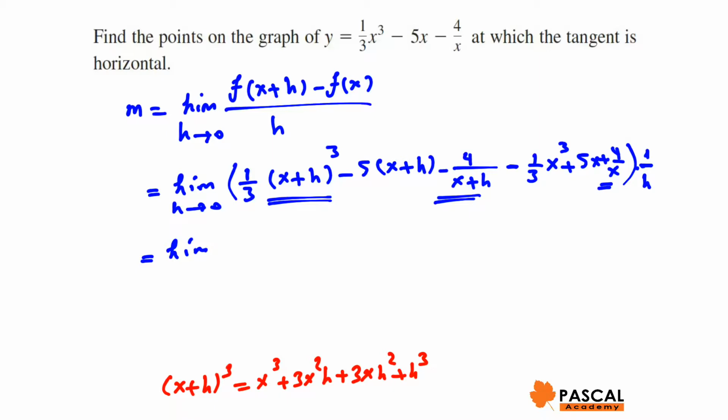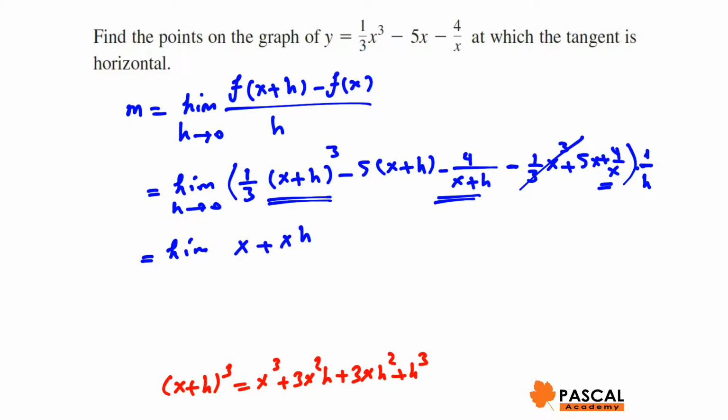If we expand (x+h)^3 and multiply it by 1/3, we have 1/3 x^3, and the 1/3 x^3 terms get cancelled. 3x^2h times 1/3 is x^2h, and multiplying by 1/h, we have x^2. 3xh^2 times 1/3 is xh^2, divided by h is xh.